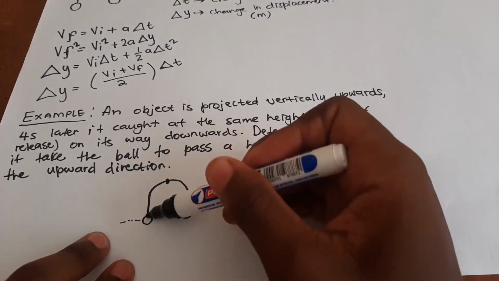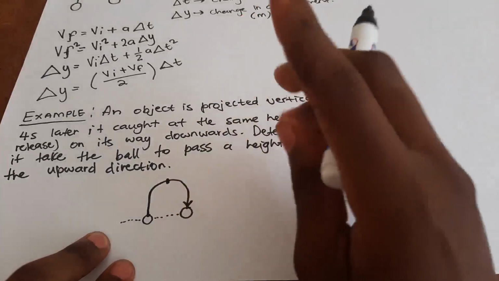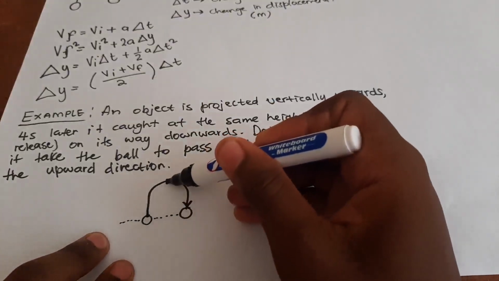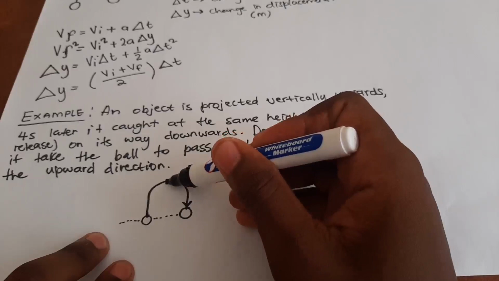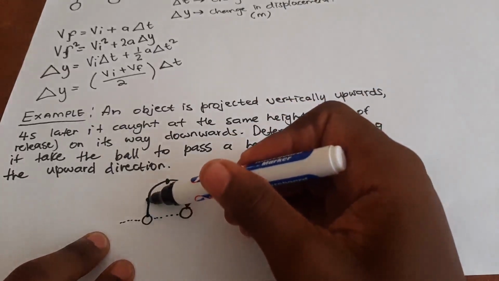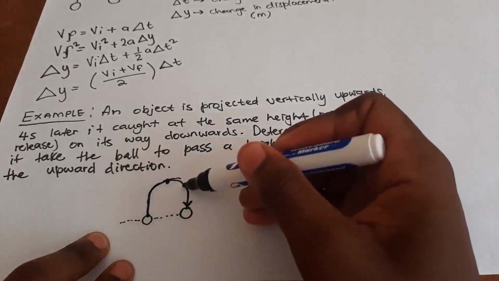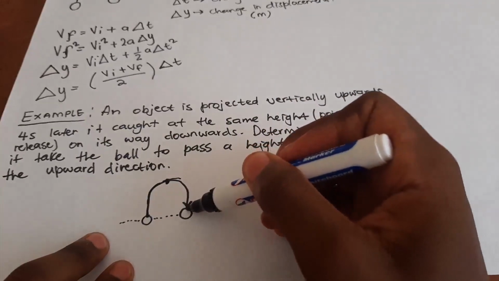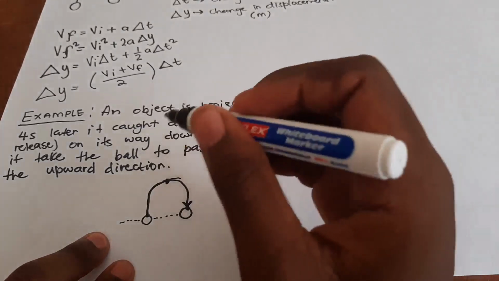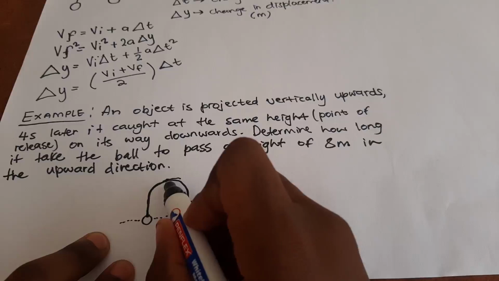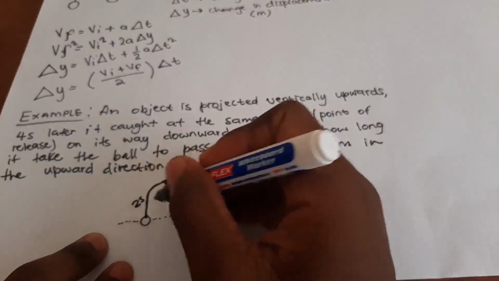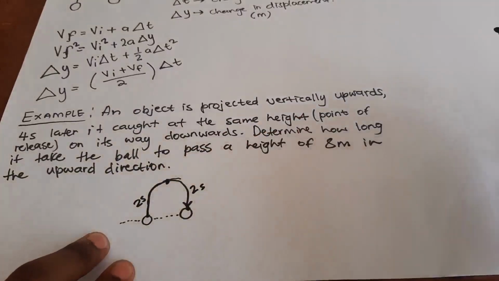As well, the time taken is the same. The whole time taken for this object to reach the same height was 4 seconds, meaning that we have 2 seconds this side and 2 seconds this side.